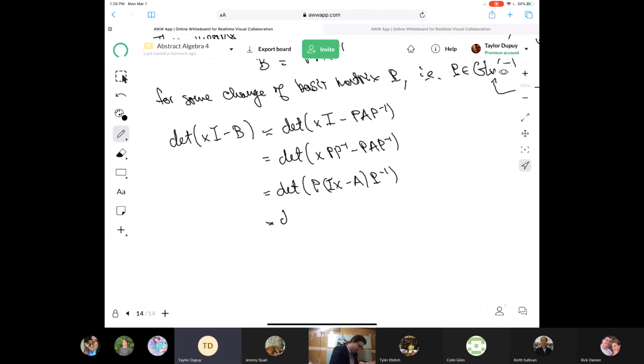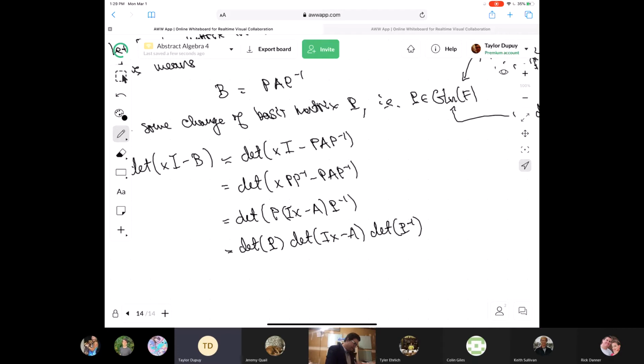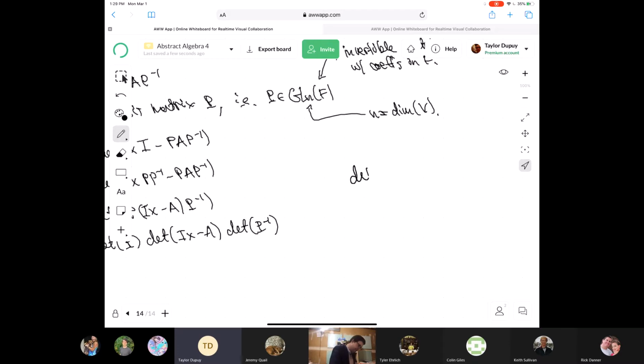So this is the determinant of P inverse times the determinant of xI minus A times the determinant of P. Note that the determinant from GL_n(F) to F star is a group homomorphism.